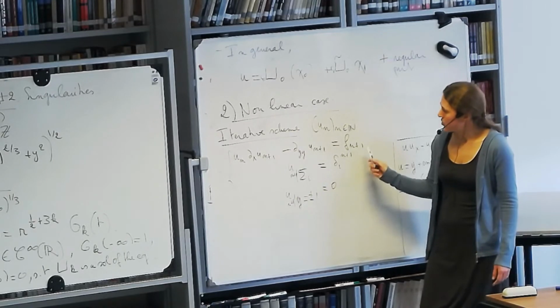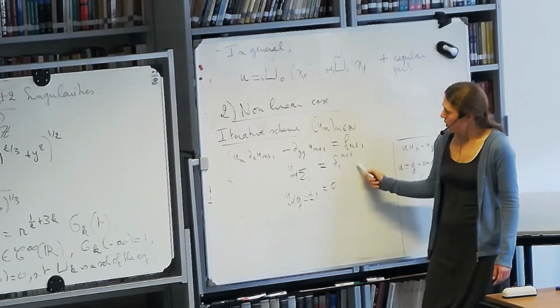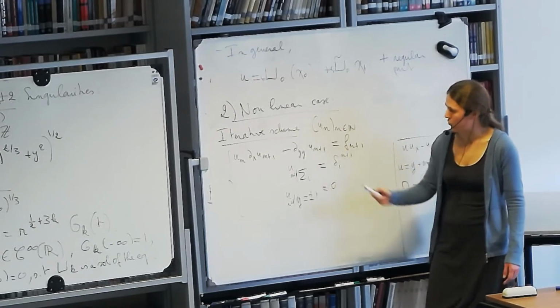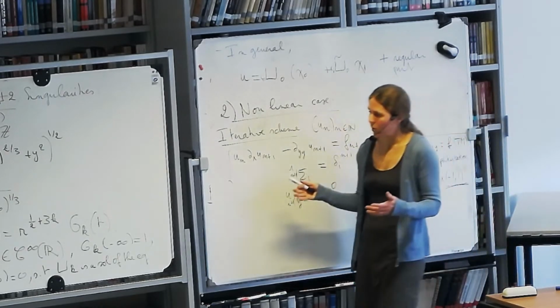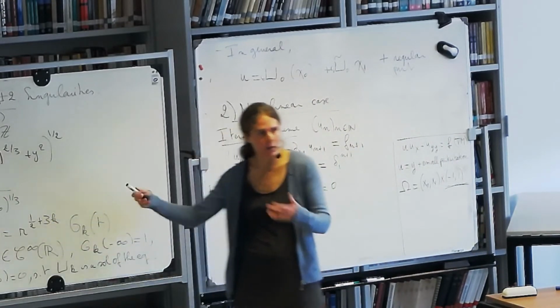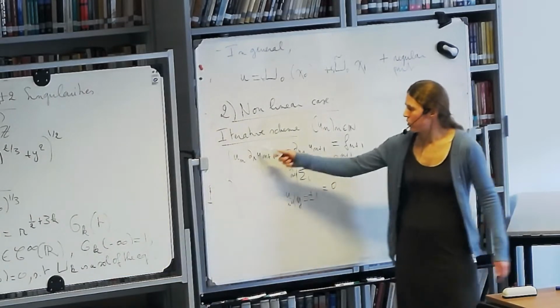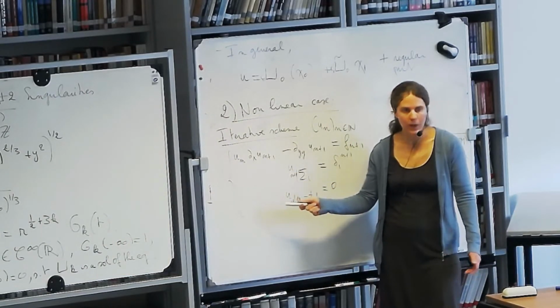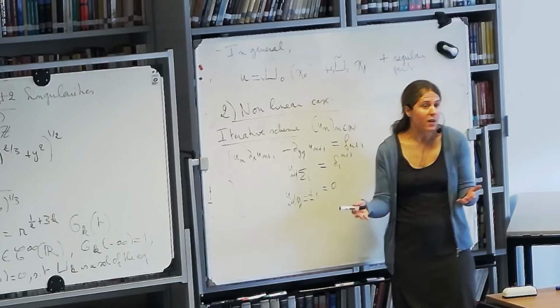And then you see that at each step, you choose the data, so the fn plus 1 and these boundary conditions, so that the orthogonality conditions are satisfied at the linear level. And then you are able to construct un plus 1, which is smooth. This is exactly how you do things.